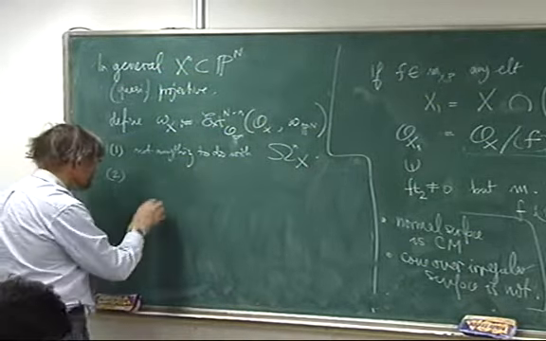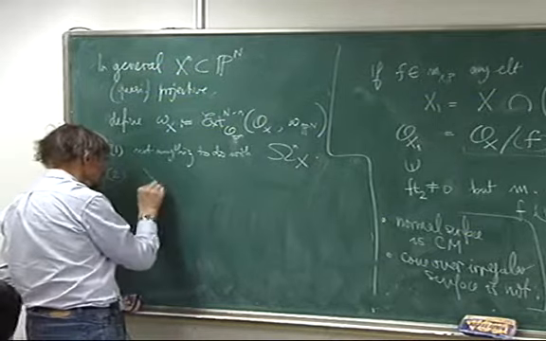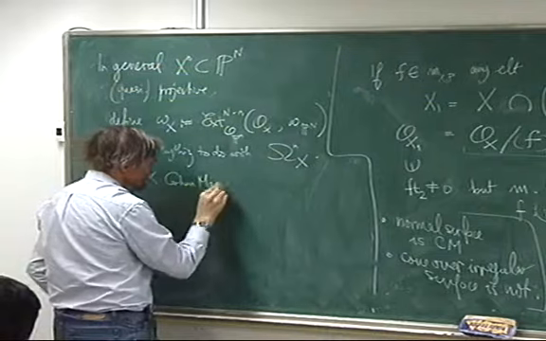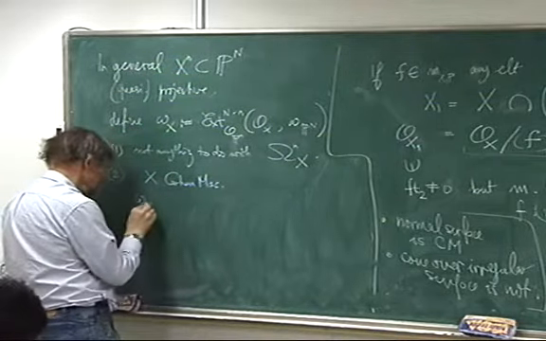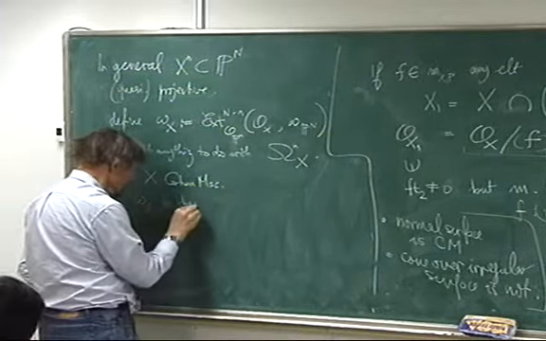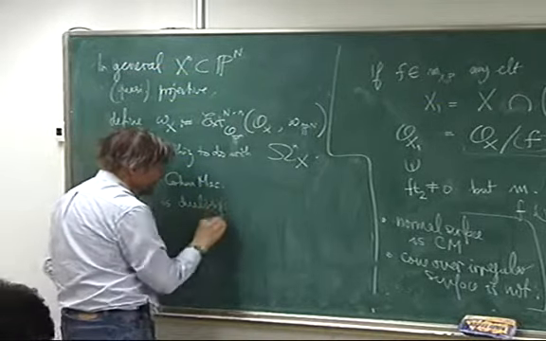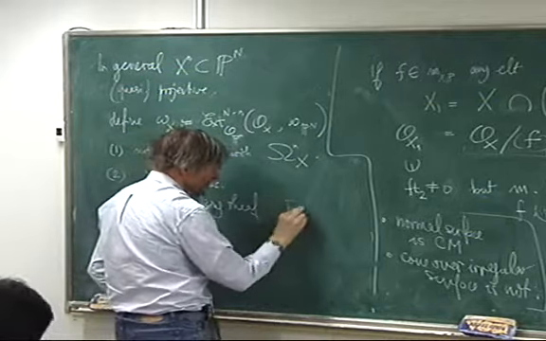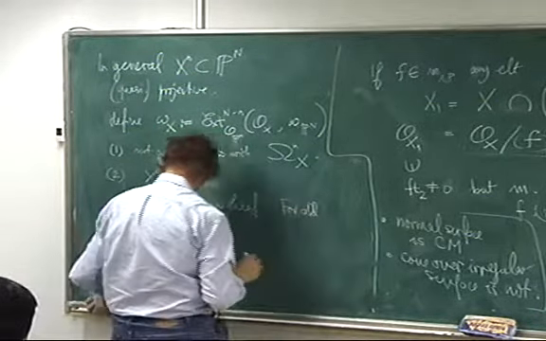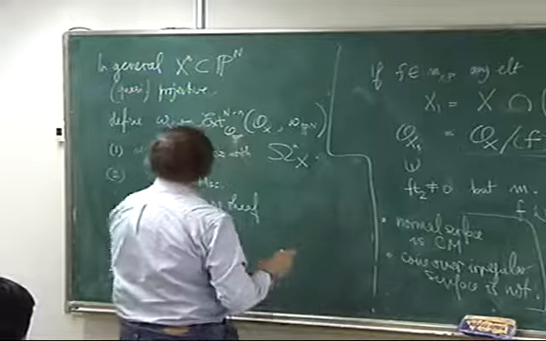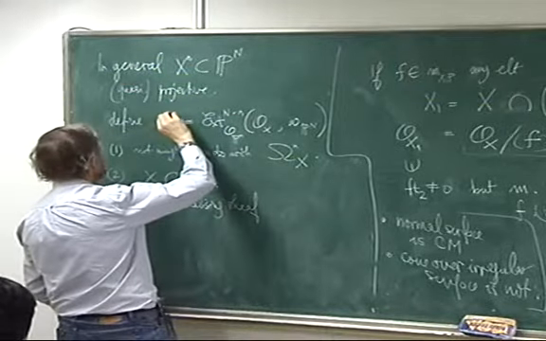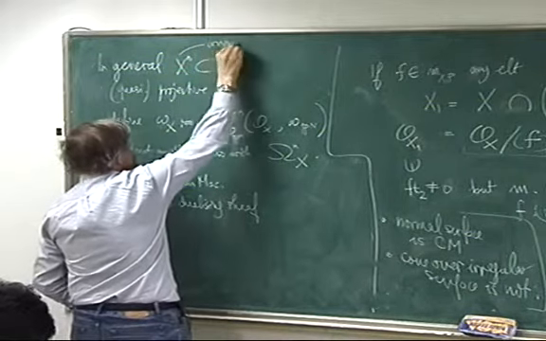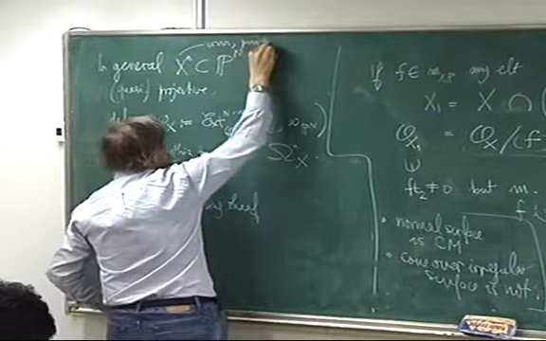So let me assume that X is Cohen-Macaulay. Then omega X is the dualizing sheaf. Let me say that this is connected and purely n-dimensional.